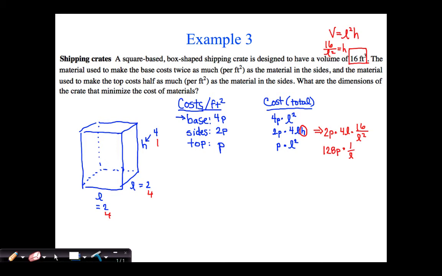But our overall idea is we want to write an expression for my total cost. Let me call this function C, and the way we're writing it is going to be a function of L. There will be the symbol p in it, but p isn't a variable.